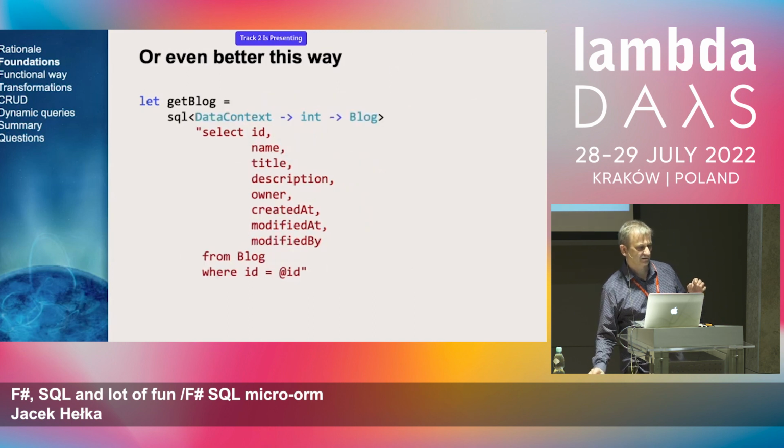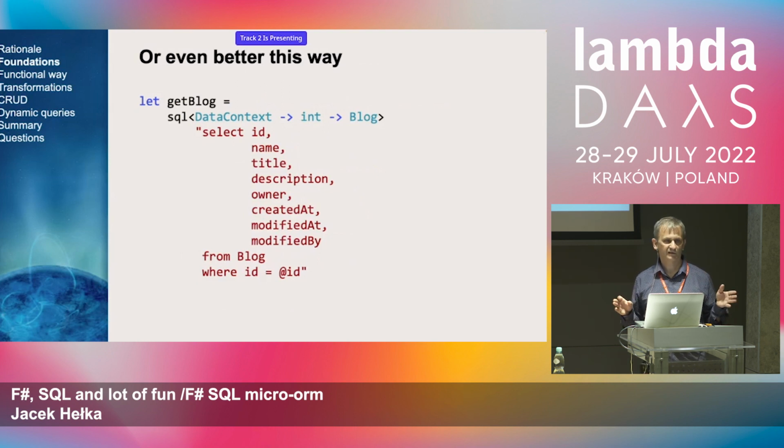I think this one was the crucial idea in building my framework. Instead of defining a function, just define a variable that is of function type, and initialize it by calling a function that generates the data access function at runtime.